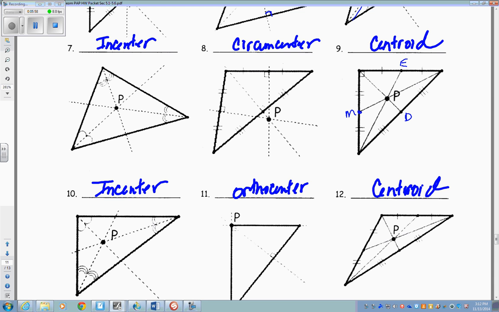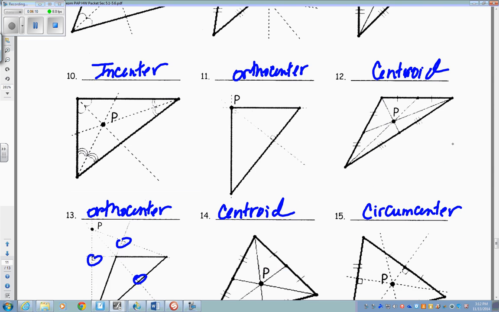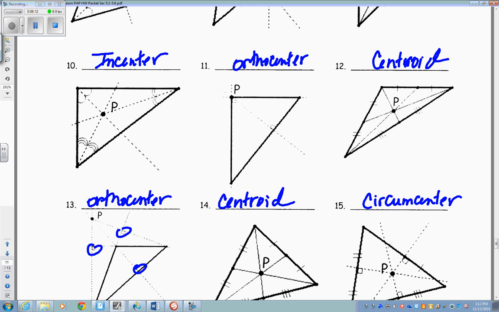So you're using medians. Only perpendicular. They're altitudes. An altitude is only perpendicular. All right. 10, in-center. 11, orthocenter.